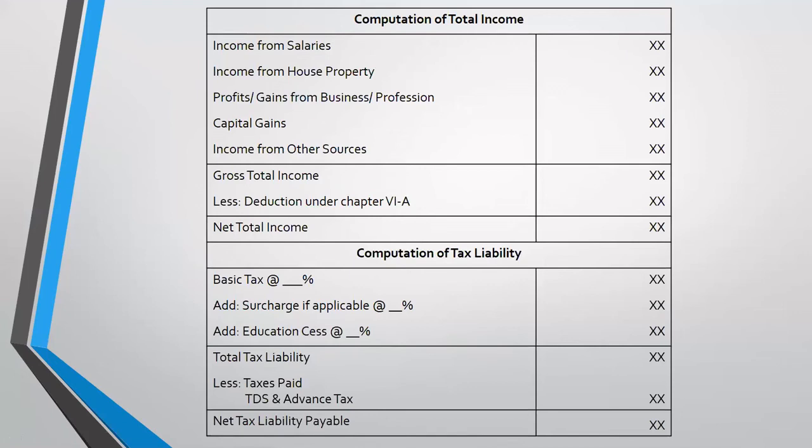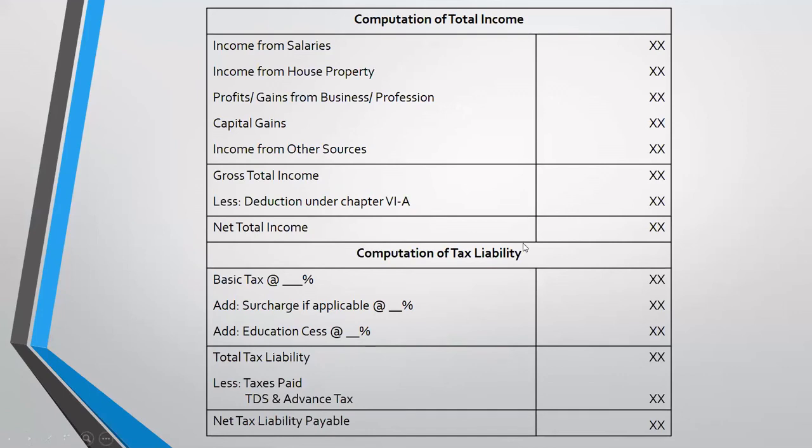This is how a normal computation of total income and computation of tax liability looks. Just quickly, you first calculate your income from different sources and arrive at the gross total income. Then deduction under Chapter 6A is reduced from the gross total income, and that is how you arrive at your net total income.